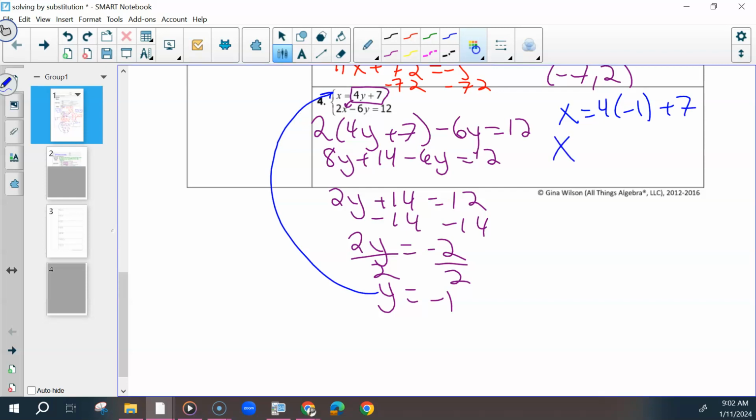What is our x value? Our solution would be 3, negative 1. Even though we solve for y first, still put it as an ordered pair, x and then y.